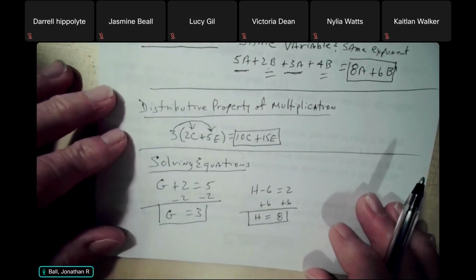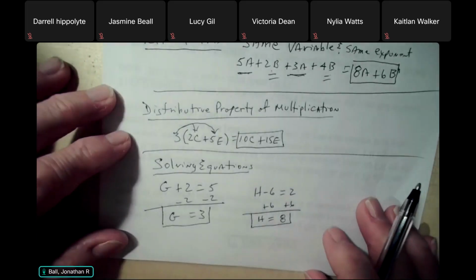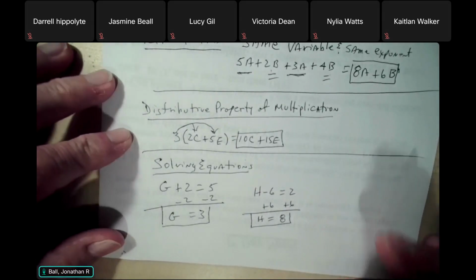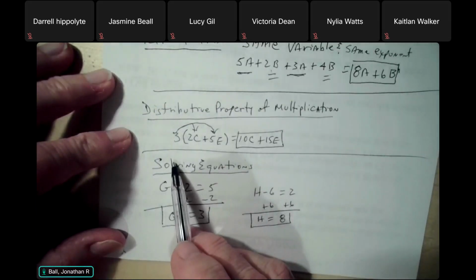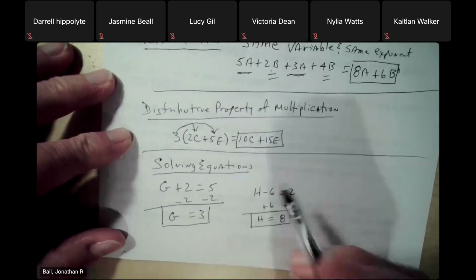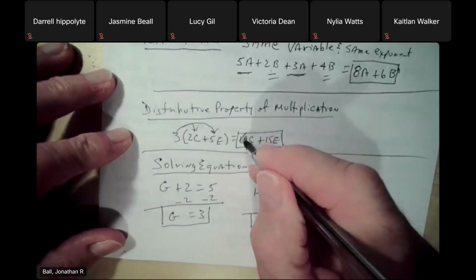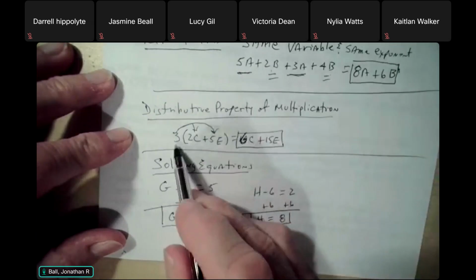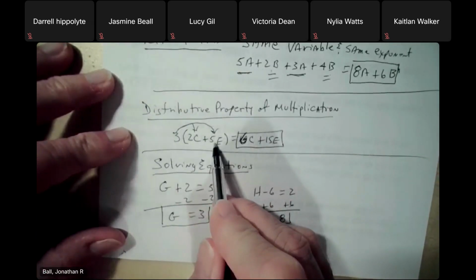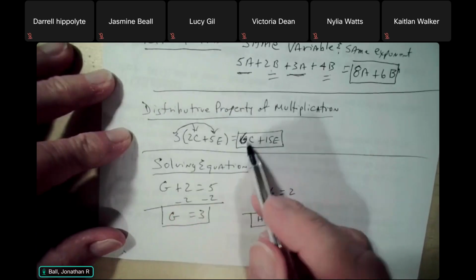Distributive property of multiplication. This is the only one I'm going to irritate you with. There's 4 properties. This is the only one that's important. What in the world did I do? This is supposed to be 6. You multiply 3 times every term inside of the parenthesis. 3 times 2c is 6c.